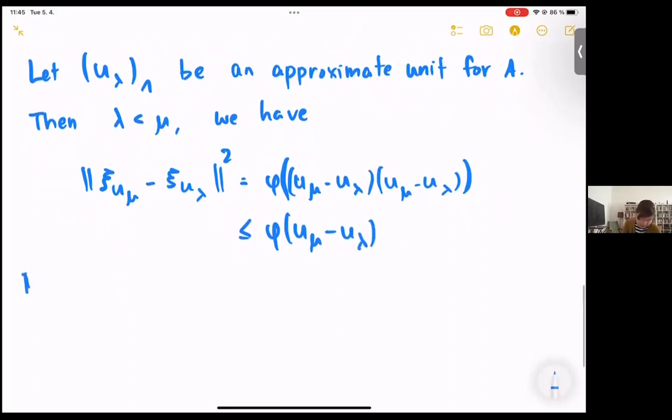And we know that this sequence, phi applied to an approximate unit, is increasing and bounded, and we know it converges, in particular to the norm of phi.